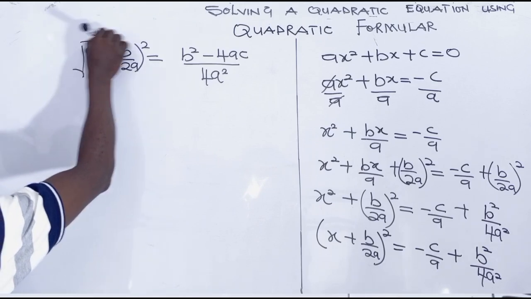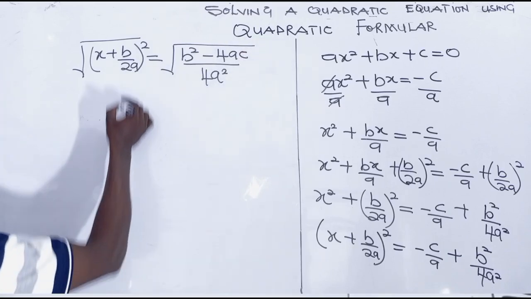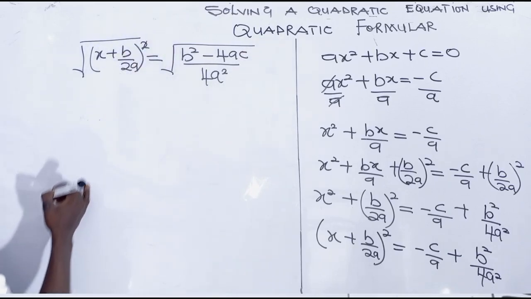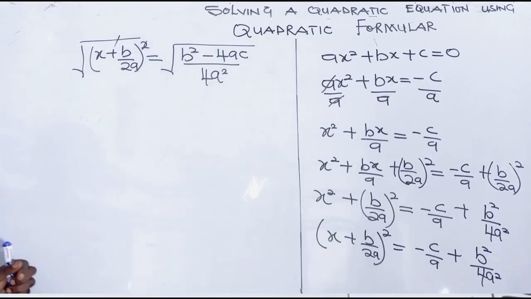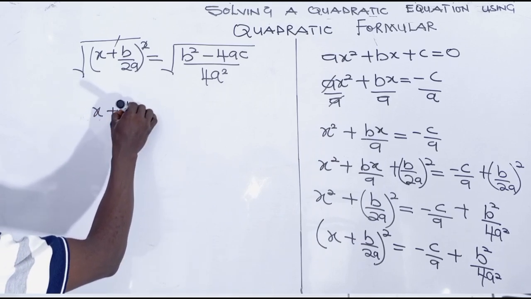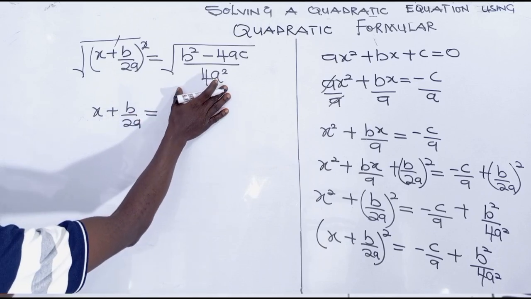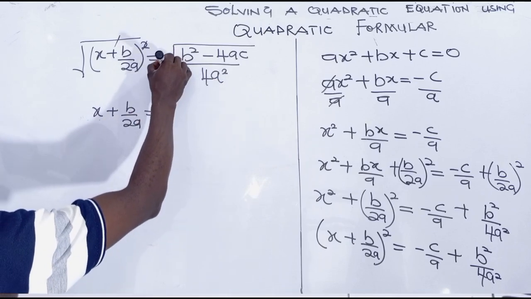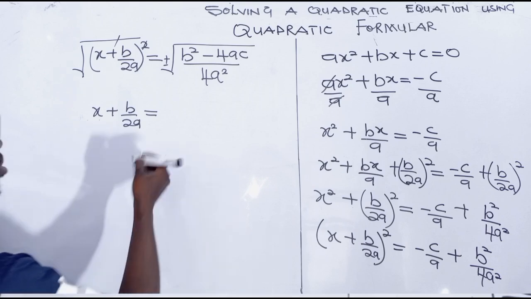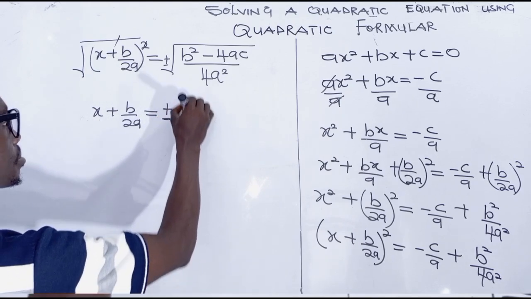The power will cancel the radical sign, and we'll be left with x plus b all over 2a is equal to, and the moment we take the square root, we add plus or minus.